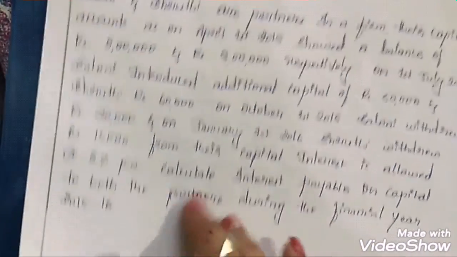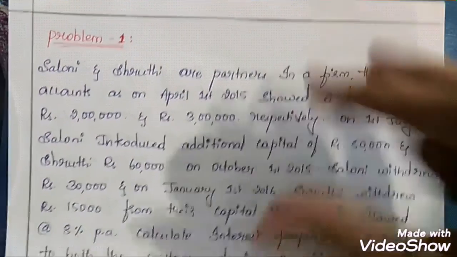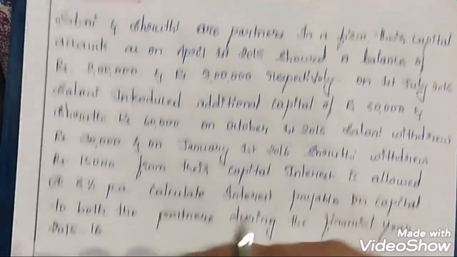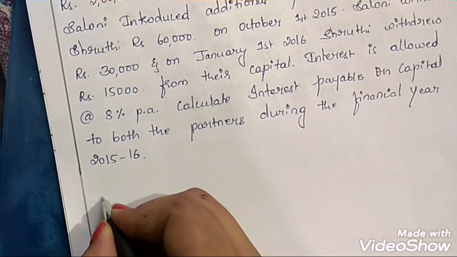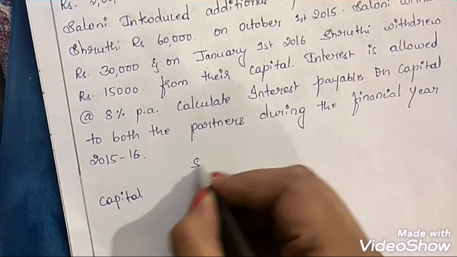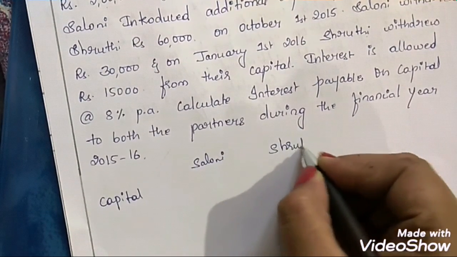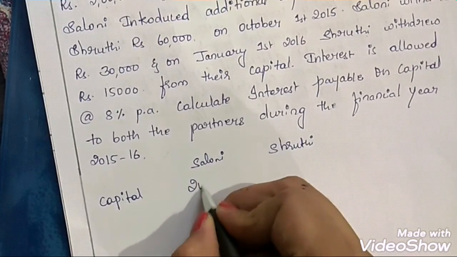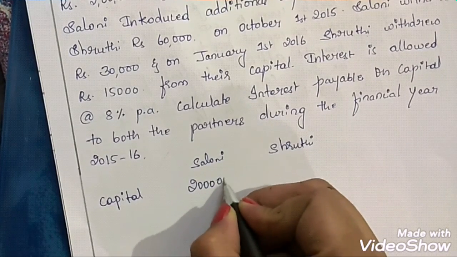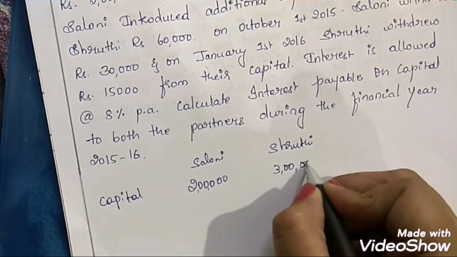So here we'll make a summary. Remember, whenever the question is in this paragraph format, it will be very easy if you make the summary. So capital of Saloni is rupees 2 lakhs and Shruti rupees 3 lakhs.